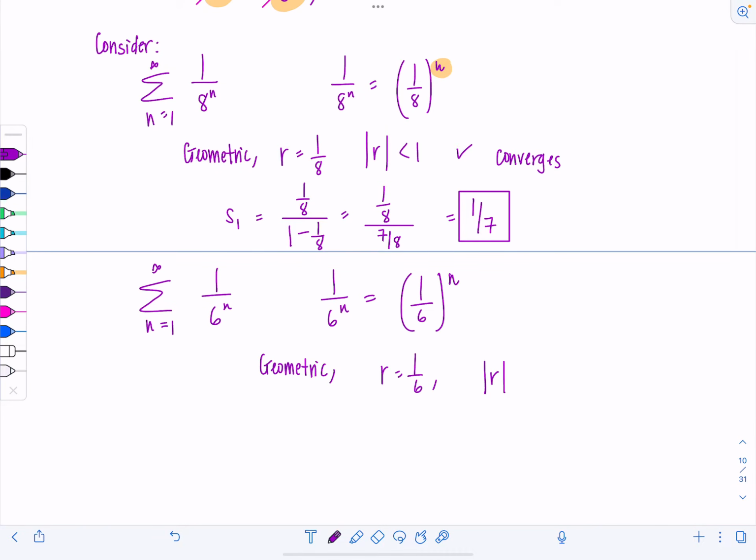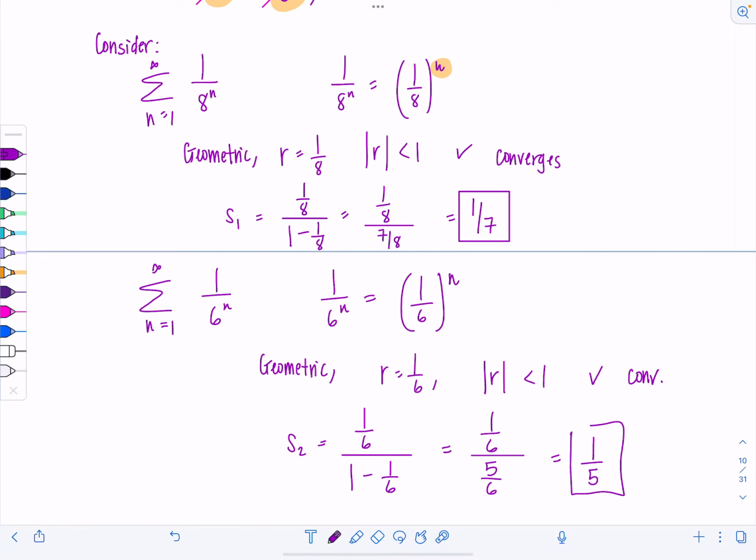Absolute value of r is less than 1, so yeah, this guy converges also. And the sum of this second little series here, a1 would be 1/6 to the first, so that's 1/6 over 1 minus 1/6. So that's 1/6 over 5/6. So this is 1/5, yes?